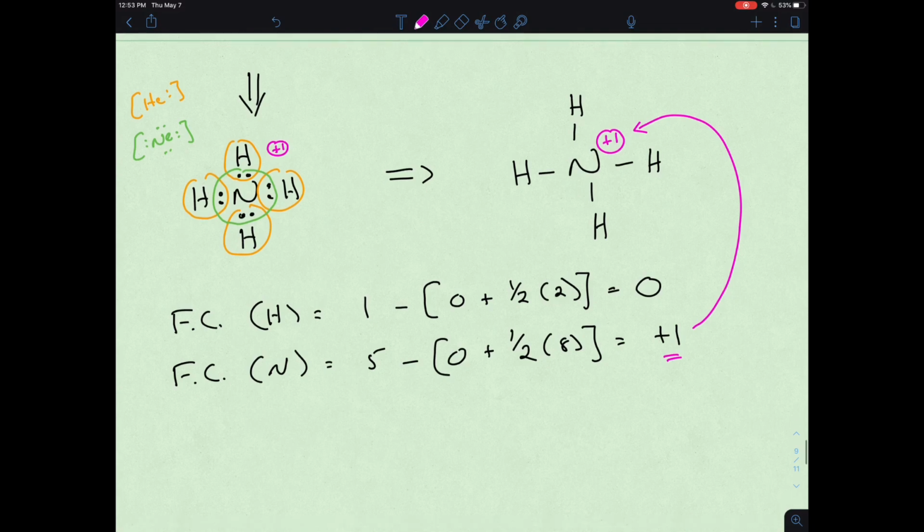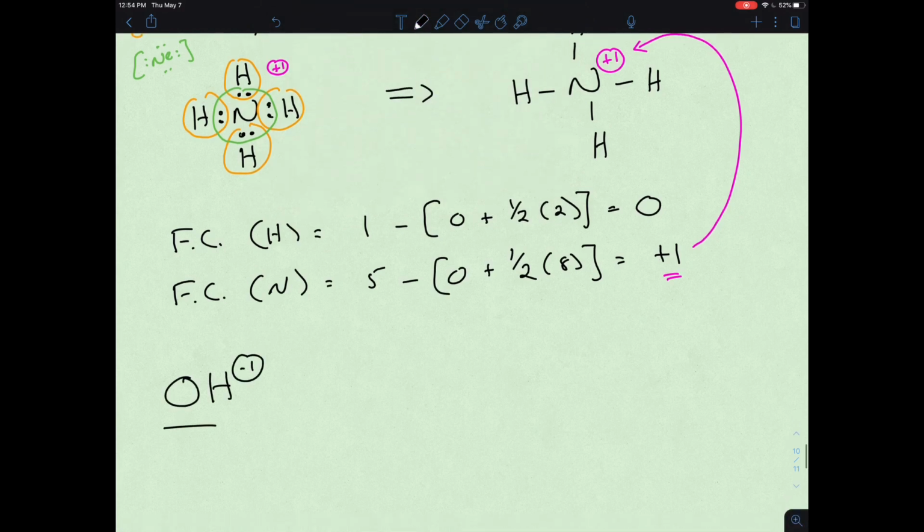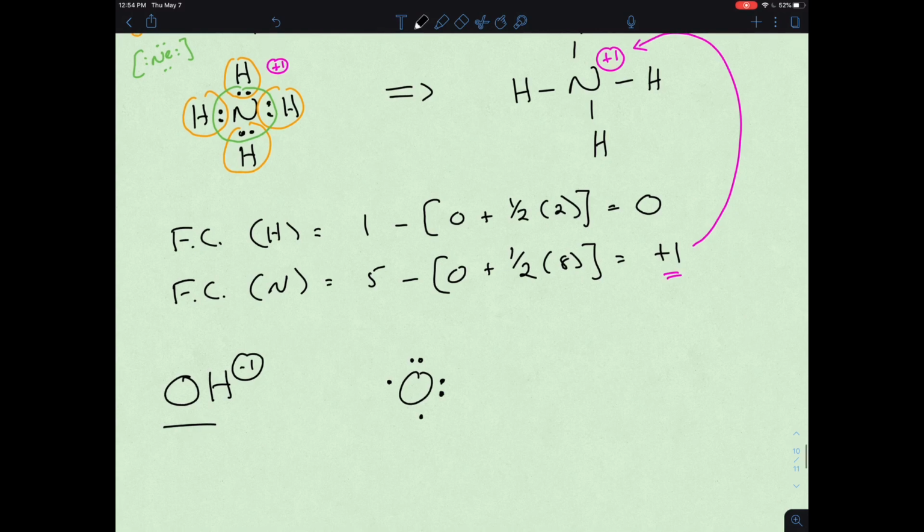Let's do one more example of that with hydroxide. Hydroxide has a -1 charge. So if we look at our oxygen, we would have our 6 valence electrons, and then we also have our hydrogen atom.